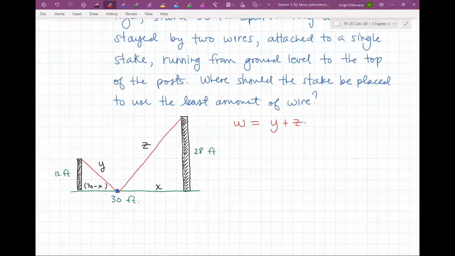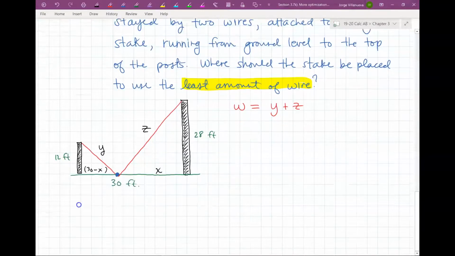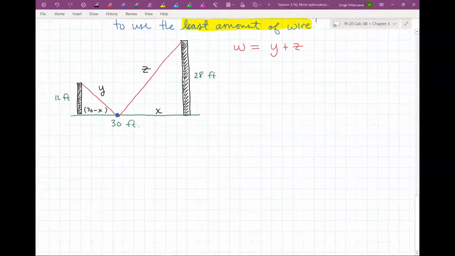Least amount of wire. That's what they're saying. So I'm optimizing W, but I can't take a derivative of W because there are too many variables. So I need to figure out how to get rid of either Y or Z or both to create something in common. Let's write up some formulas here.